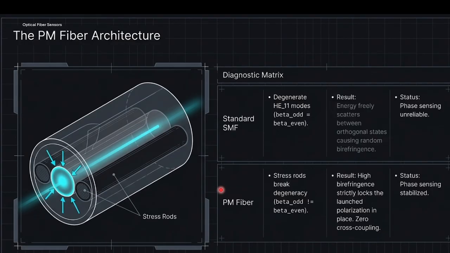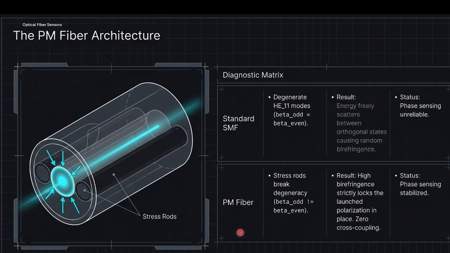Okay, moving towards the next thing, that is the PM fiber architecture, where there are two kinds of fiber architecture: standard SMF and PM fiber. The standard SMF has the degenerate HE11 modes. Beta odd is equal to beta even, and the result is energy freely scatters between orthogonal states, causing random birefringence, and phase sensing is unreliable.